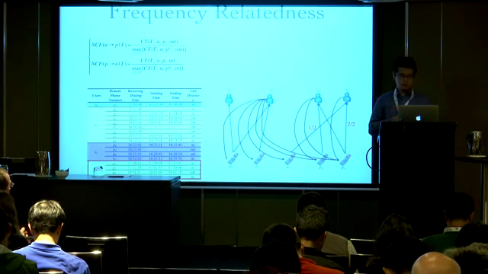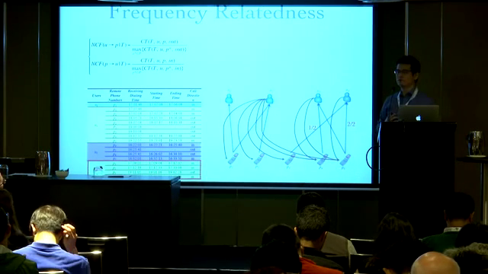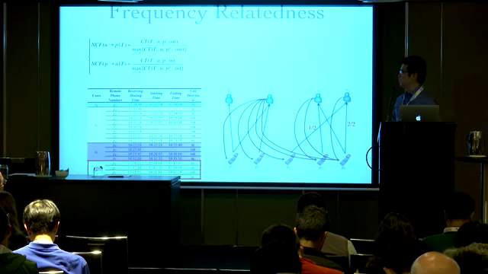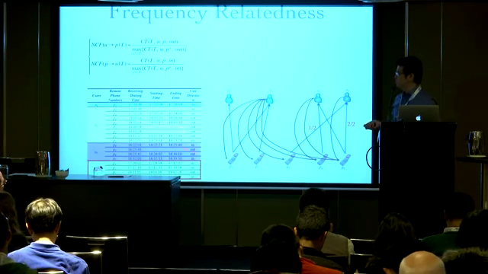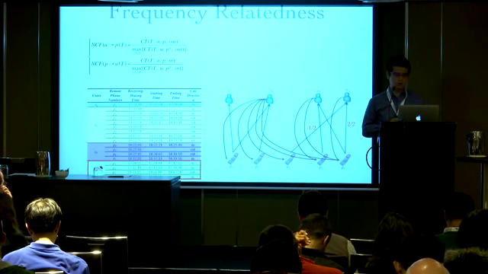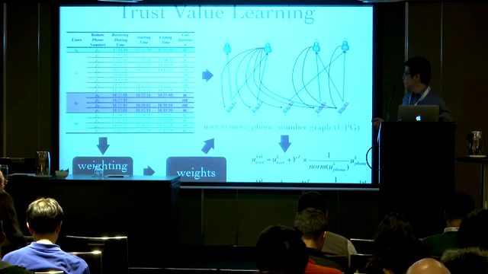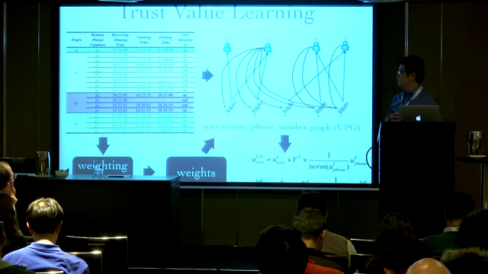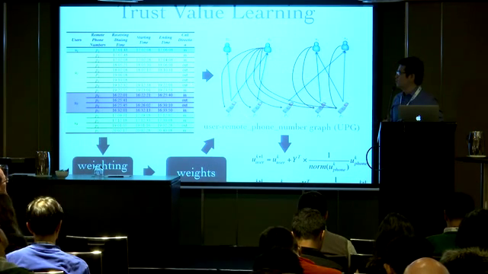And we also think the call frequency is a very important feature. So we propose the third weighting function, call frequency, to weight the age. So now we have several kinds of weighting function, and then we also have the telecommunication network.